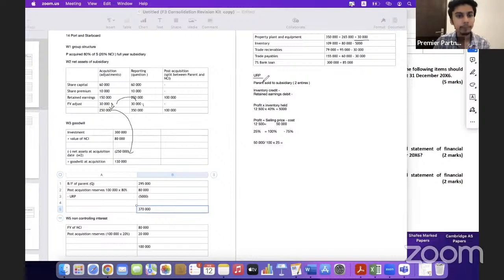Now, guys, here I covered a situation where the parent is selling to the subsidiary. So guys, remember, study like this. If the parent sells to the subsidiary or if the subsidiary sells to the parent, this is always constant. Is that understood? Because our objective is to remove the profit.